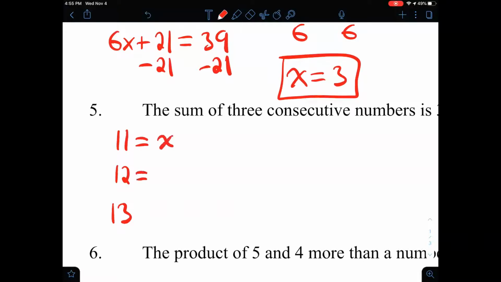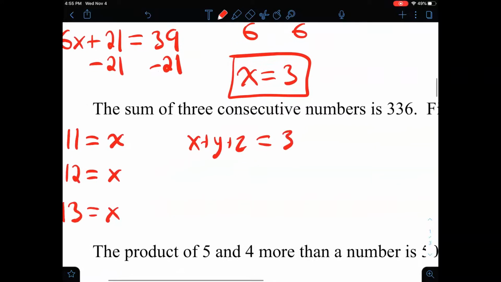Call the smallest number x, and then we need to compare. These are all going to be in comparison to x. I could call it x, y, and z, but if you do x plus y plus z equals 336, how do you solve that? One of the things with algebra is you can't really solve equations with multiple variables like that. You need one variable.